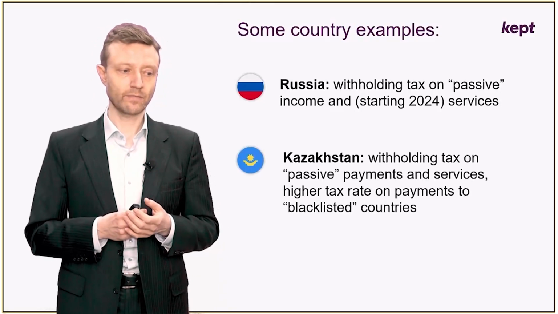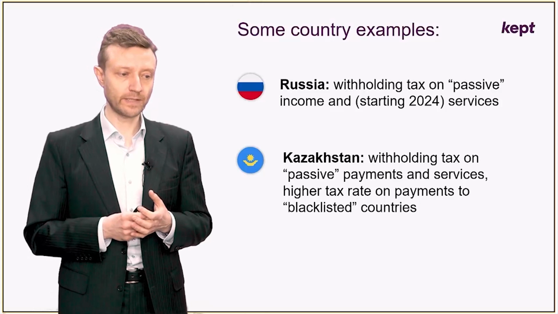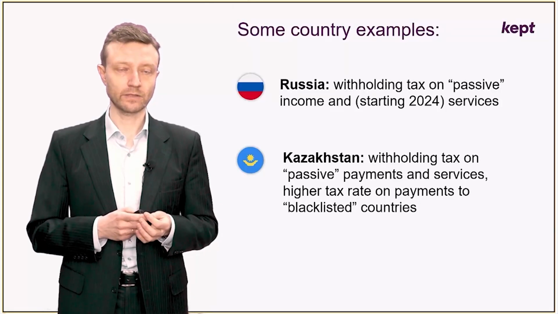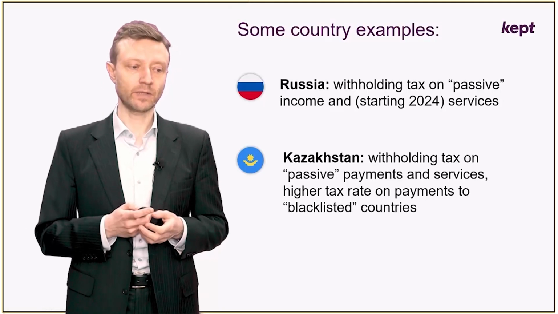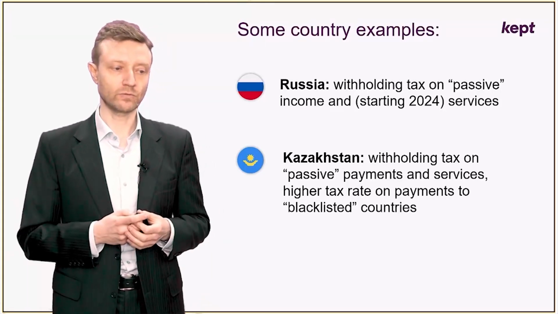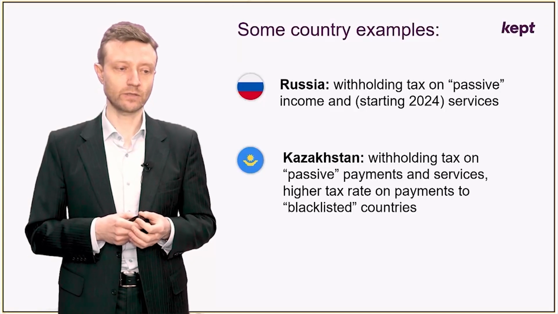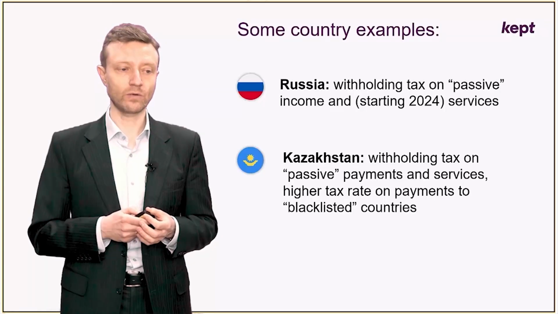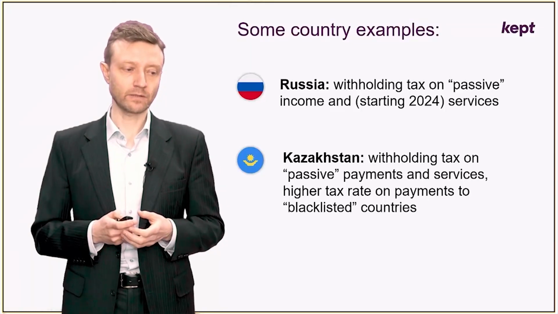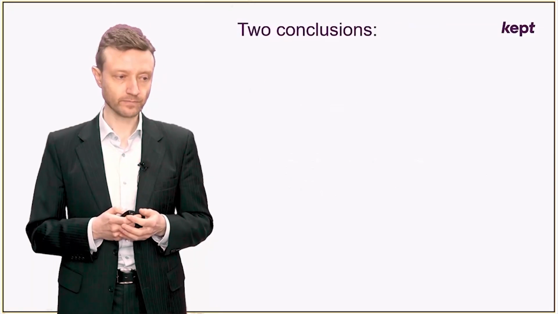In Kazakhstan, withholding tax again applies to passive payments as well as services, and a higher tax rate applies on payments to so-called blacklisted countries, for example, to offshore states such as British Virgin Islands or Hong Kong. Many offshore states are blacklisted in Kazakhstan.